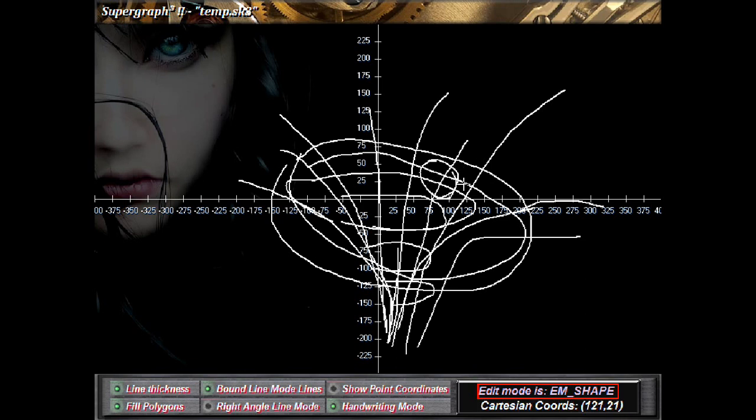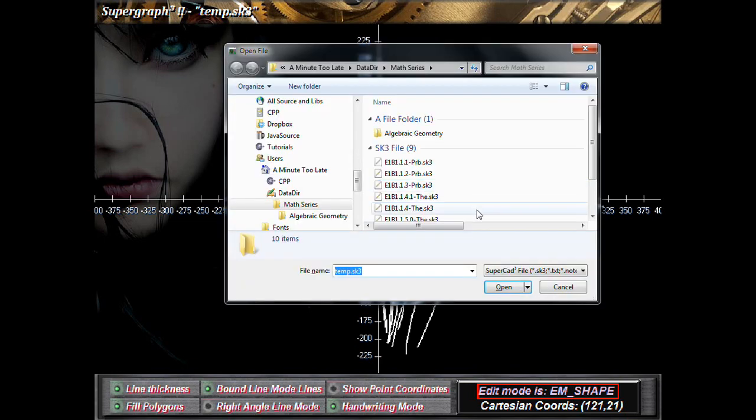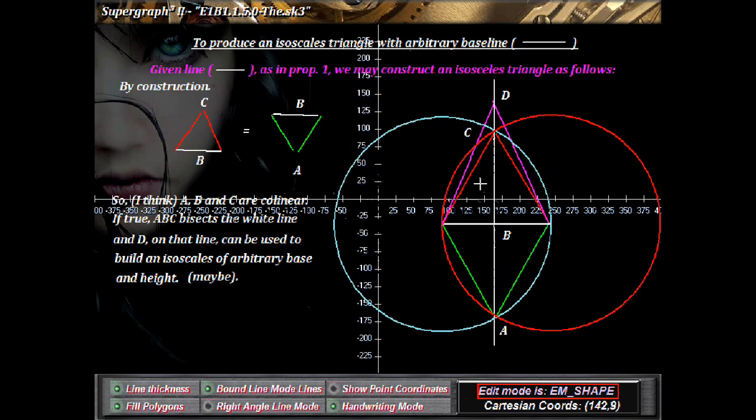Well, that's the case with this diagram. It might appear as though you can say, oh yeah, well, by symmetry these are going to be the same, but there's nothing in the axioms that says that. We have to prove it.